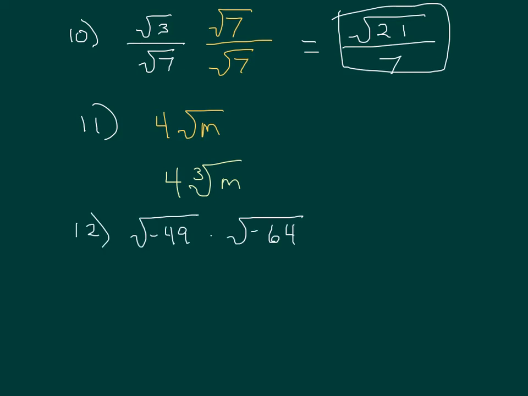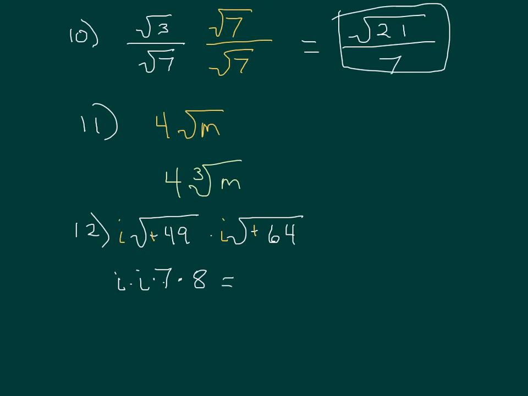Okay, here we're going to take the square root of negative numbers. So that means we're going to pull out the negative signs and replace it with an i, like this. That makes that positive, and that makes that positive. So now, let's rewrite it: i times i times the square root of 49, which is 7, and the square root of 64 is 8.